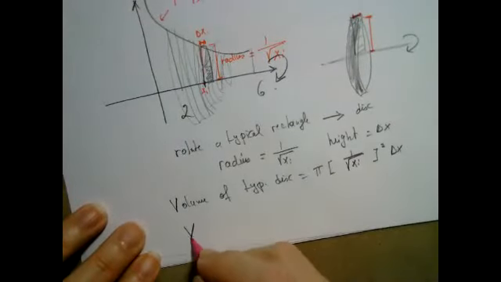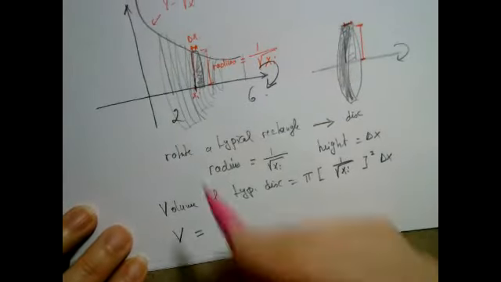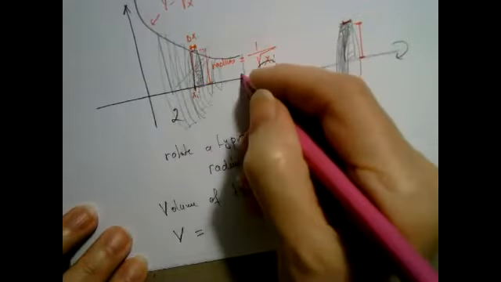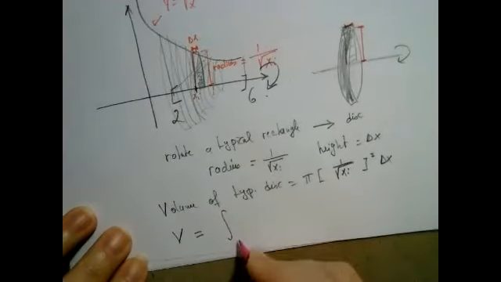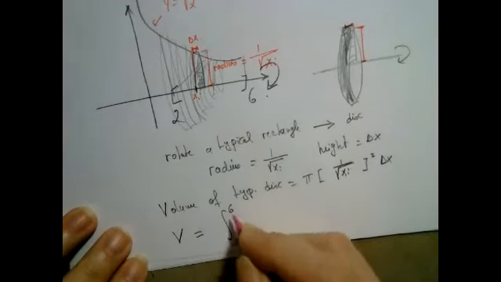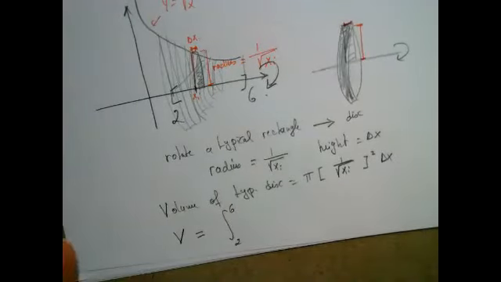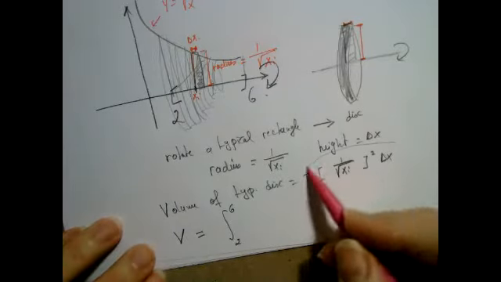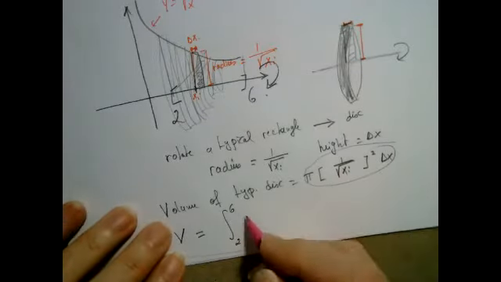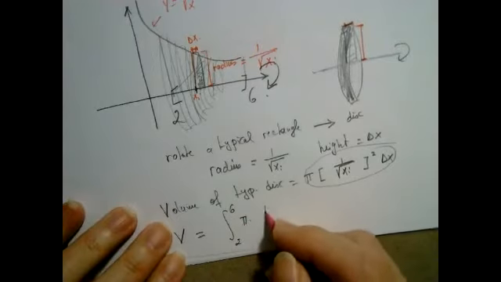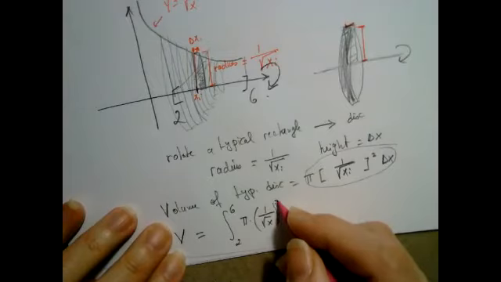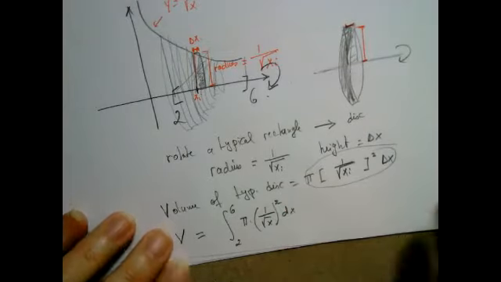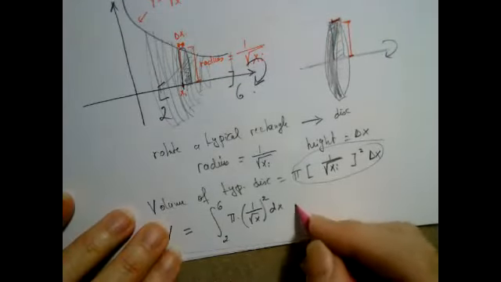So the total volume is going to be the following. To cover this whole region, I need to divide this interval. So it's going to be from 2 to 6. I'm adding the volumes. So I divide, add volumes. These are the volumes I'm adding. So it's going to be pi times 1 over the square root of x, squared, dx. Okay. And now we integrate.